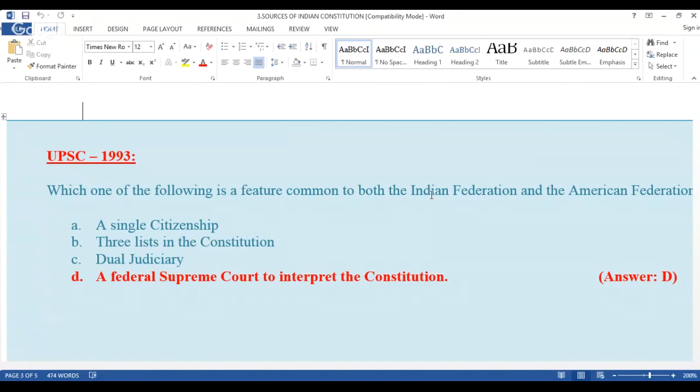But whereas in America, it is a dual judiciary. But the common feature is the federal Supreme Court to interpret the constitution. So the highest court in the country has the highest power to interpret the constitution. That is the common feature between Indian Federation and American Federation. Am I clear? Now I'm going further.